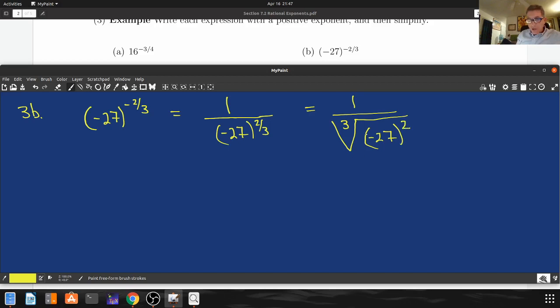So the base is minus 27, so you need to put it in parentheses. Well, that's equal to 1 over the cube root of minus 27, which is minus 3 cubed, and that is raised to the second power. So I'm going to still do my little switchy thing.